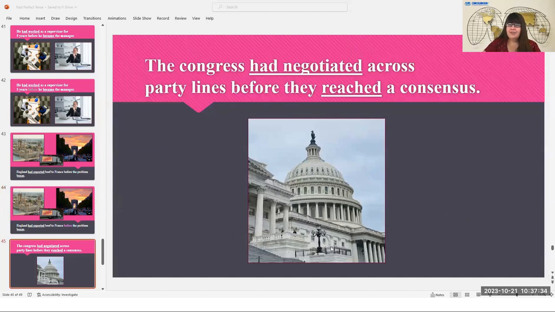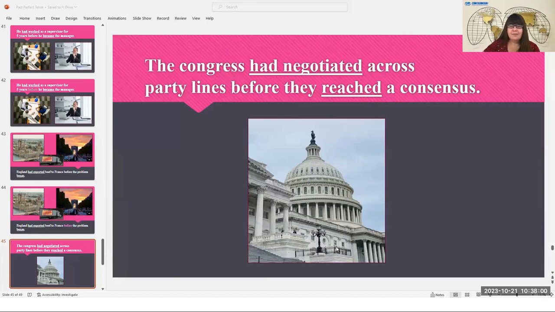The Congress had negotiated across party lines before they reached a consensus. Okay, so across party lines. In the United States, we have two main political parties. We have the Republicans and the Democrats. And a lot of times they don't agree. A lot of times they don't work together.